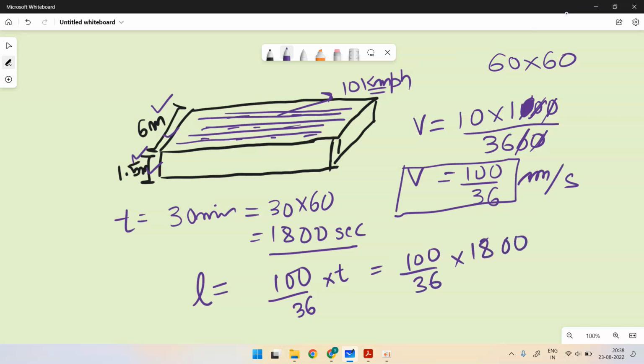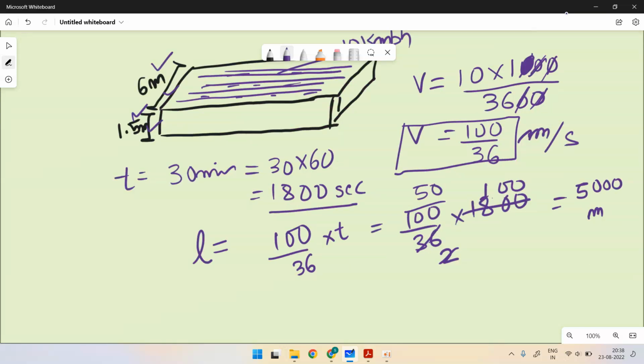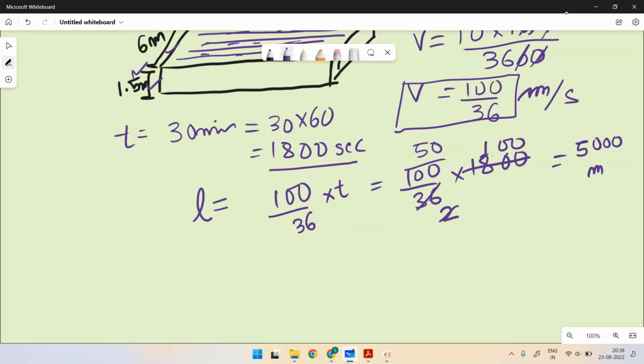Now you know why I have not cancelled it, because 18 1s are 18, 18 2s are 36, 50, 5000 meter. 5000 meter.